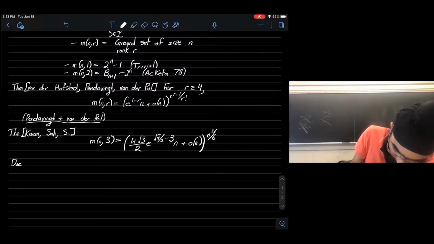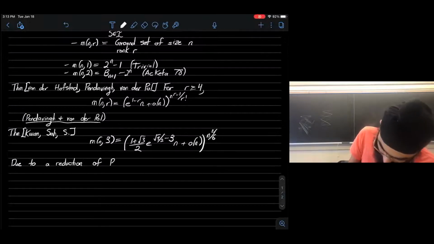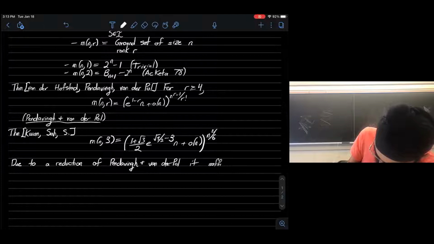And so due to a reduction of Hindvine and van der Pol, it suffices to instead count the following objects.